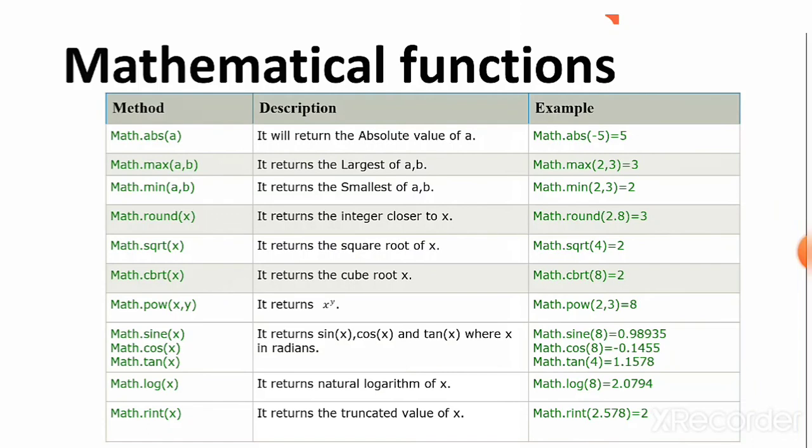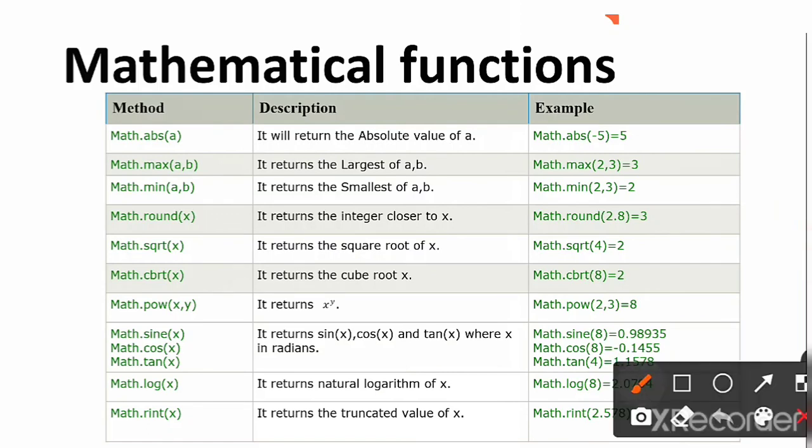The next functions are related to trigonometry, that is the sine function, cos function and tangent function. They return the sine of x, the cos of x, and the tan of x, where x will be in radians. Here is an example to illustrate the sine, cos, and tan functions. The next mathematical function is the log function.